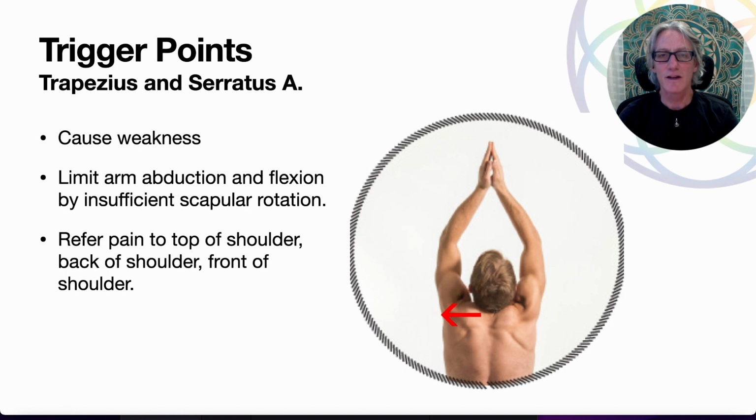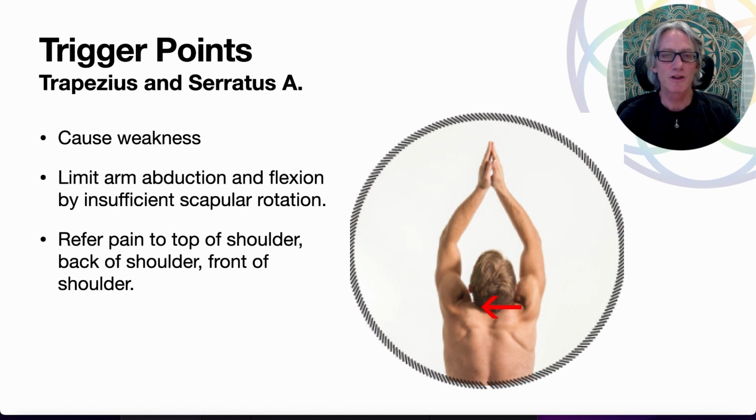So this guy doesn't have full abduction capability of his arm. That's usually because the scapula are not rotating enough, and then you get impingement here, and the upper trapezius gets very hard and shortened.